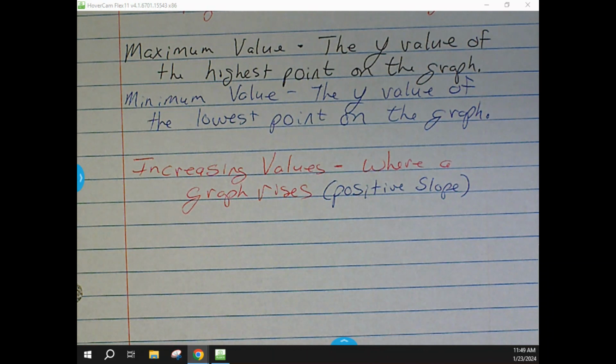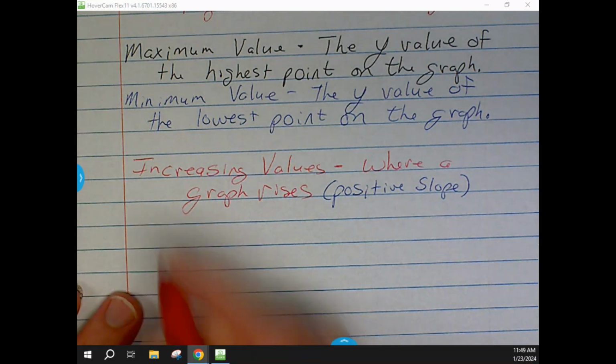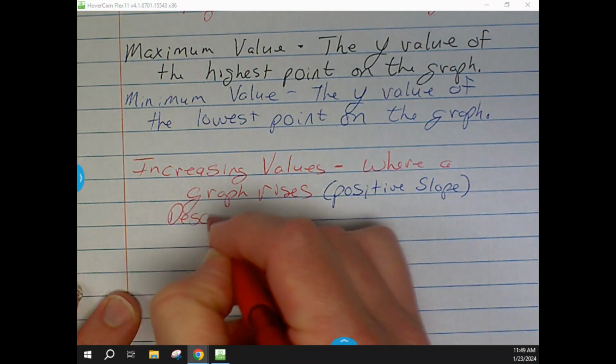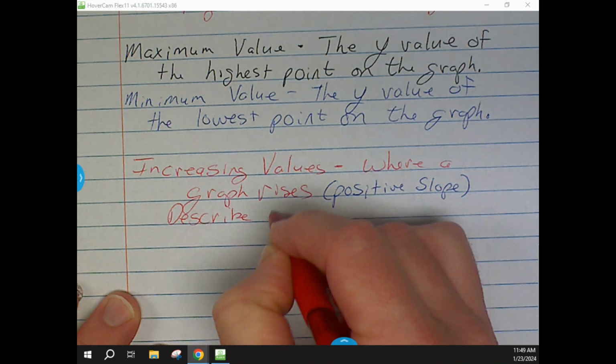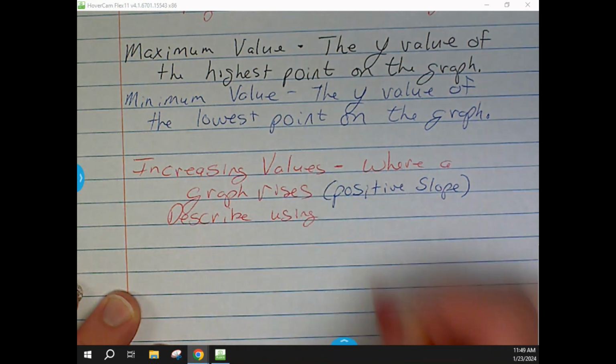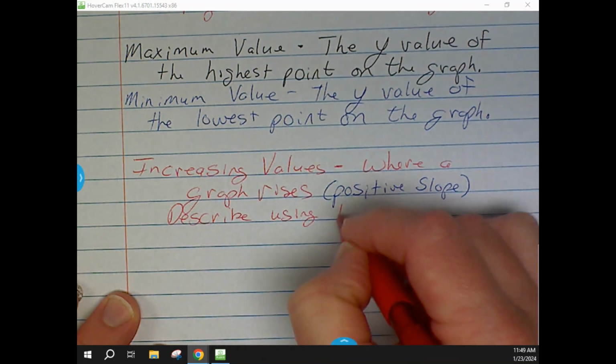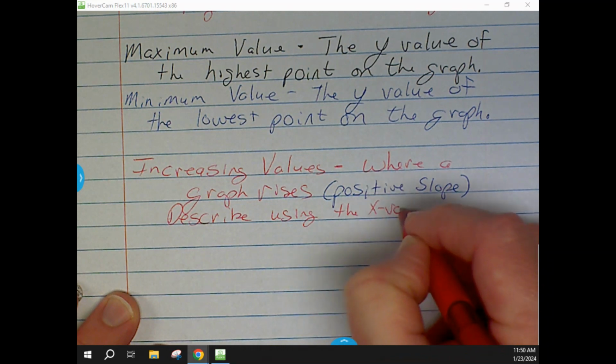Okay, now when you're finding increasing values, it's really easy to look at the graph and go, oh, okay, I know that's increasing. The hard part is when you describe it, because you have to describe it using the x values, which is your domain.